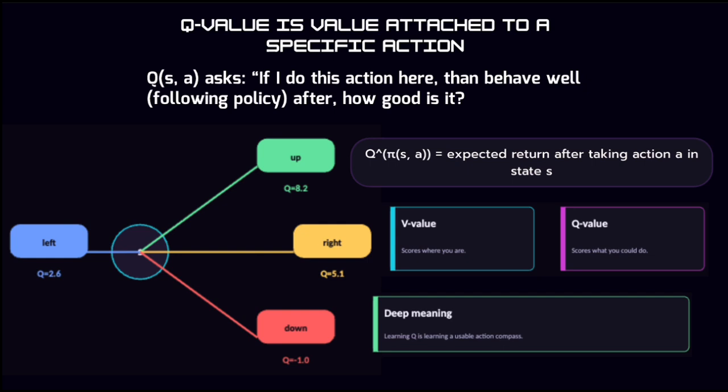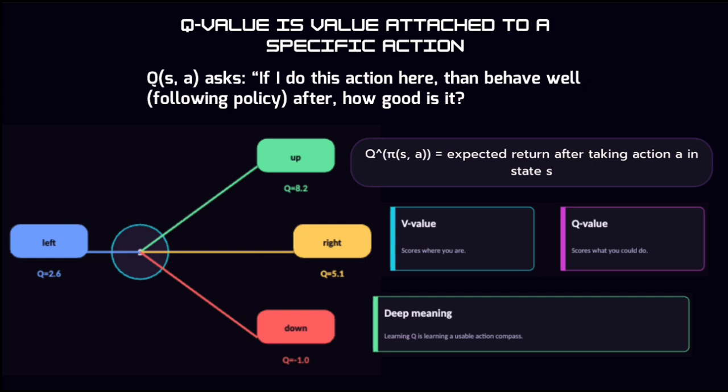The state is your current position. The actions are left, right, up, down. The Q value for go right may be high because it leads towards the goal. The Q value for go down may be low because it leads to a dead end. The agent can choose by comparing these action values.